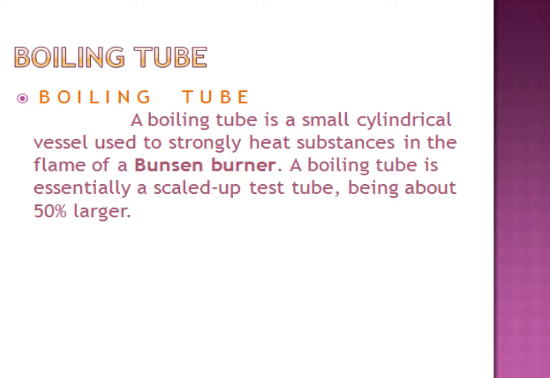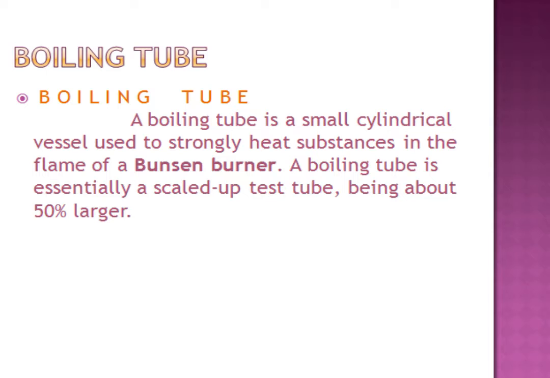So a boiling tube kind of looks like a test tube, as we saw in the picture, but it is about 50% larger than the test tube. The shape of the boiling tube is cylindrical. So we've learned so much about a boiling tube, but now let's learn what it is used for.